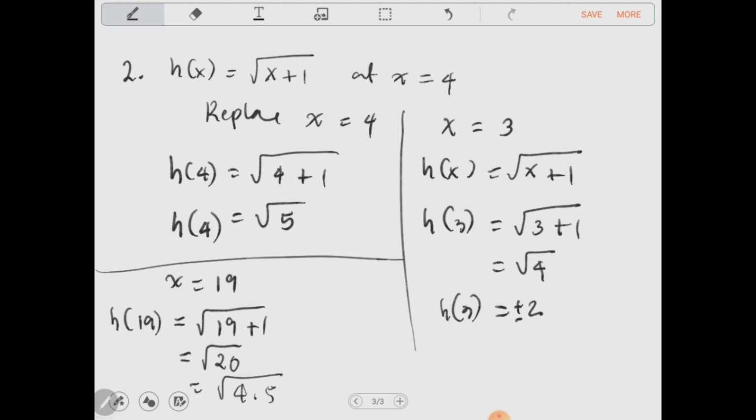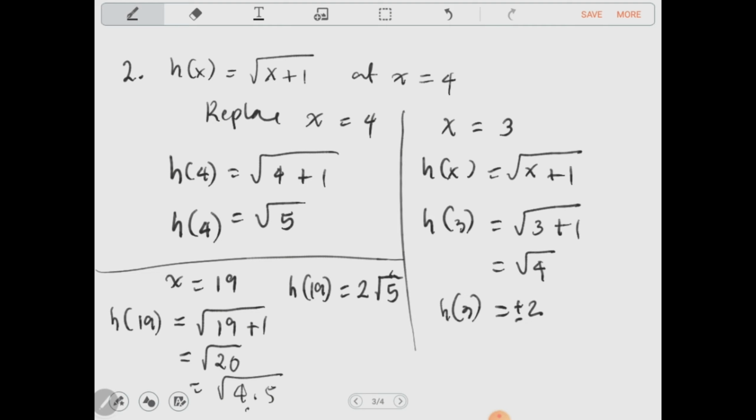So 4 is a perfect square number, so you can take it out of the radical symbol. So h of 19 will be 2 square root of 5. From square root of 4, which is 2, you have taken it out, so the answer will be 2 square root of 5.